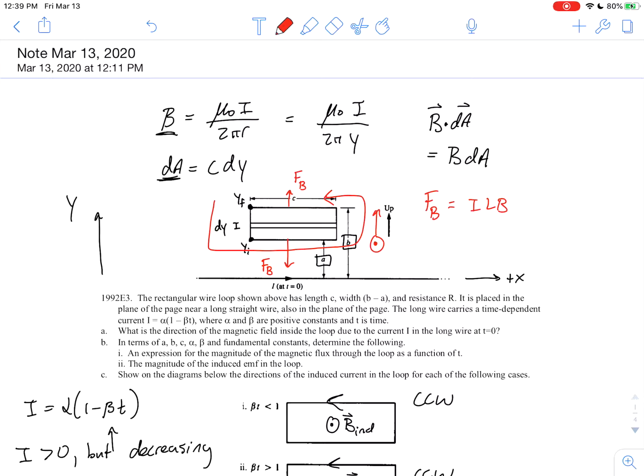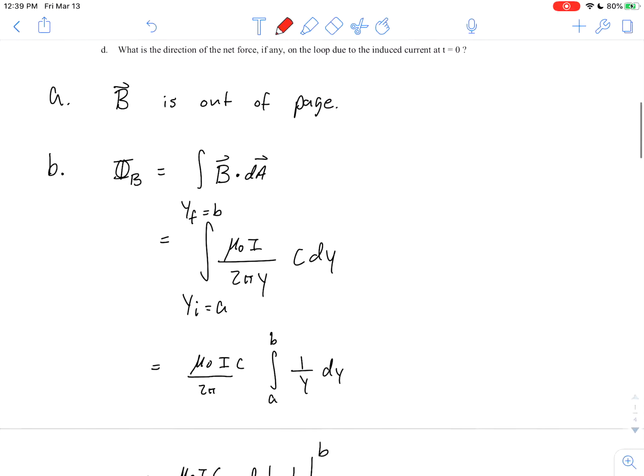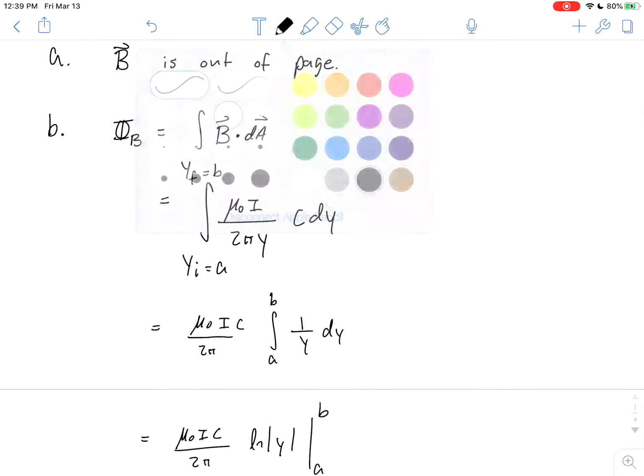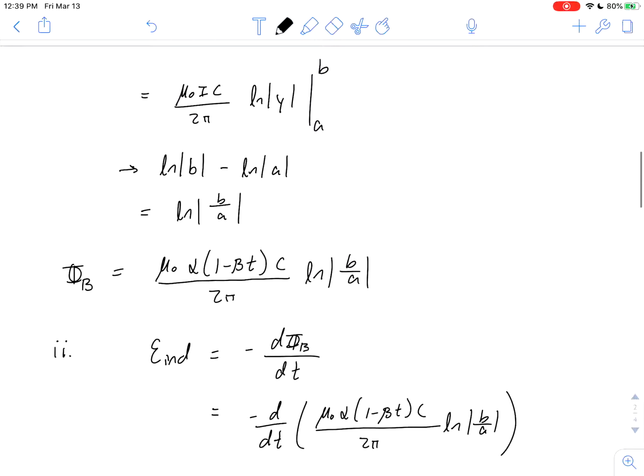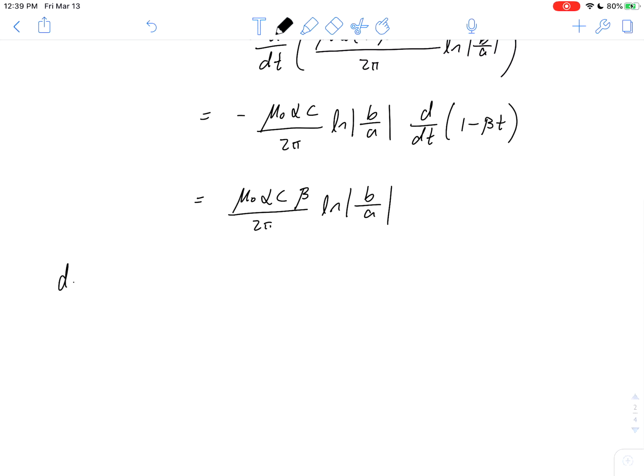That means that the B field is stronger at the bottom, since the B field is increasing as you go close to the wire, which means the force on the bottom part of the wire is greater than the top. So I think the net force for part D, the direction is down. Net force is down.